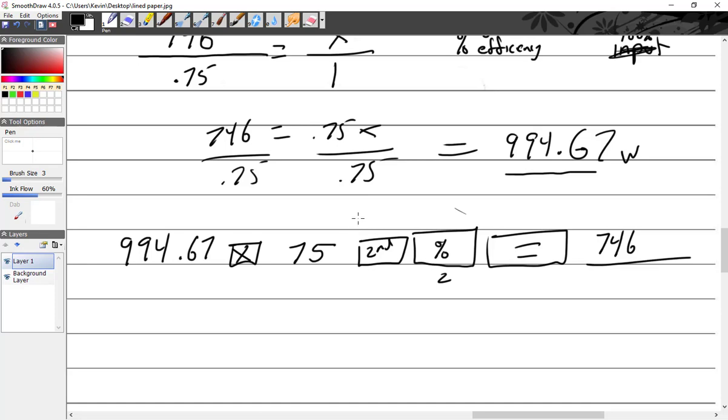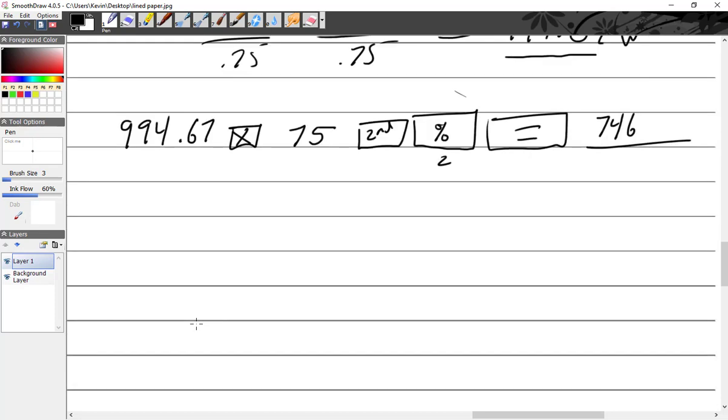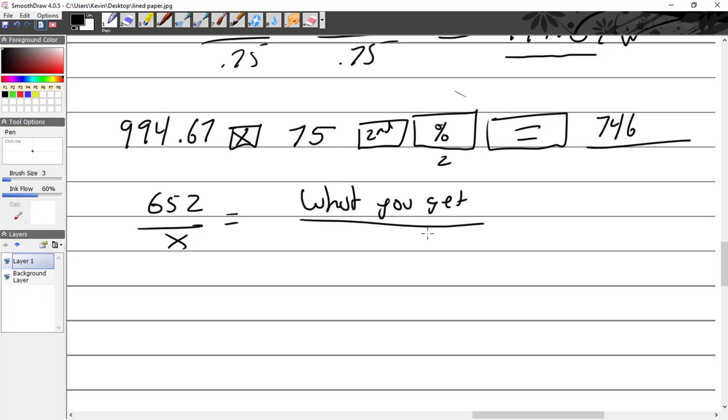Oh, I have notes right here. Obviously I thought about this once before. This goes back to the original, so 652 over x. Remember that one from before? Equals what you get over what you paid to get.